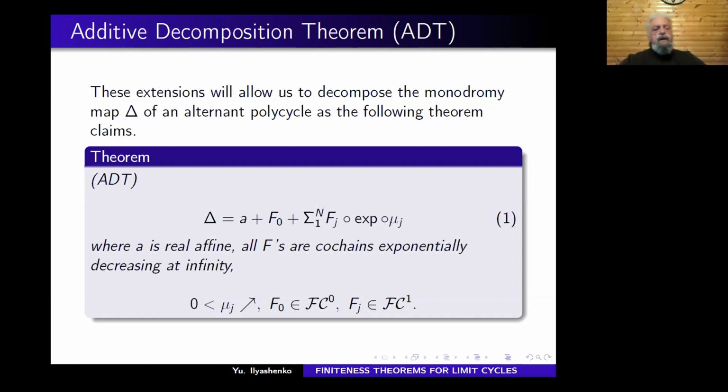So if Yulaj's theorem was the major result of his investigation of the monodromy maps of real polycycles, then this theorem is an analog to this one.